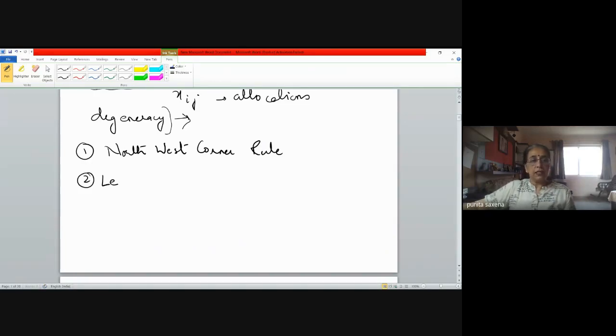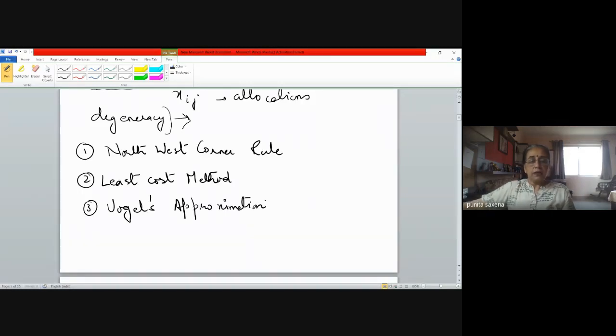The second is the least cost method. And the third one is Vogel's approximation method. Some books you will see also call it VAM.